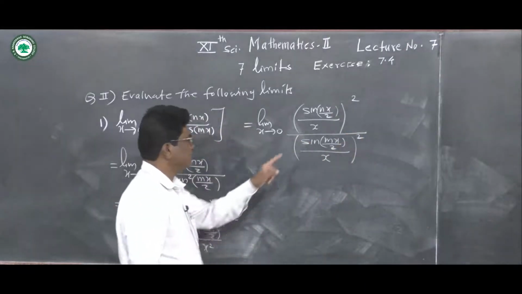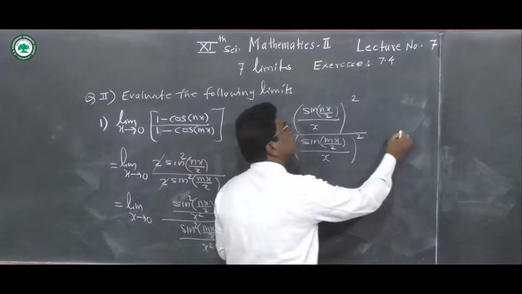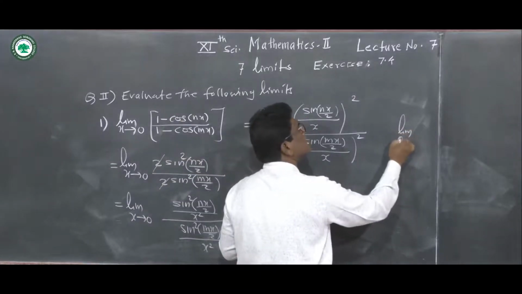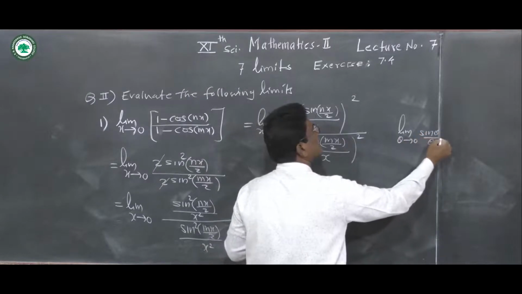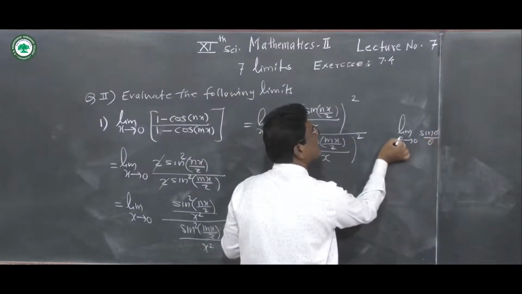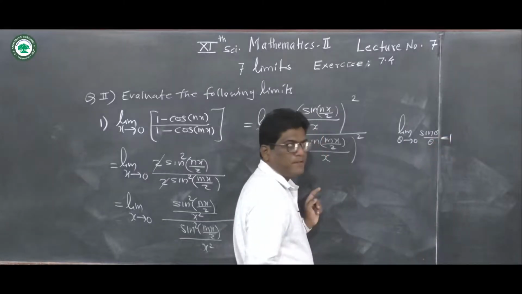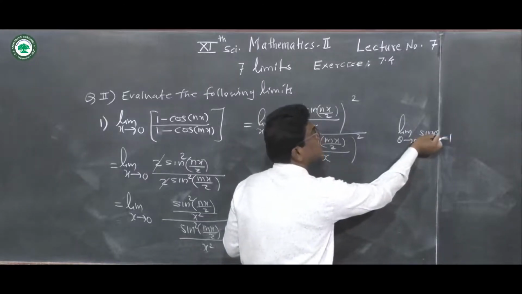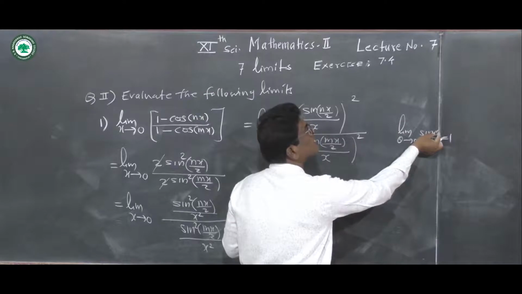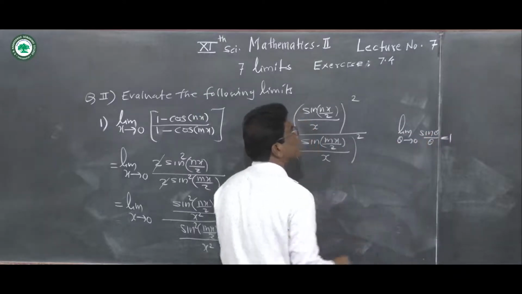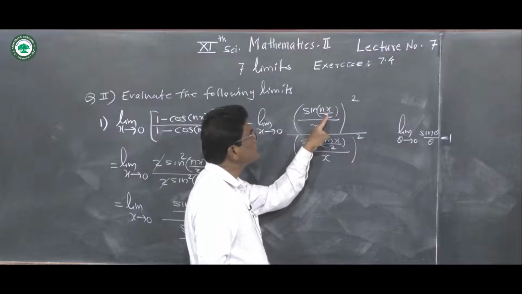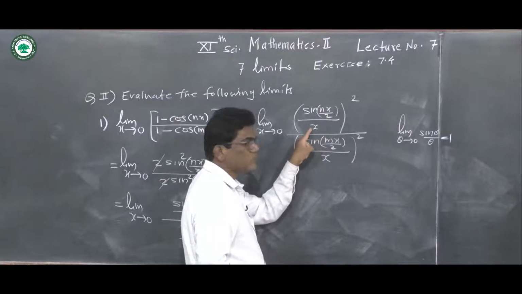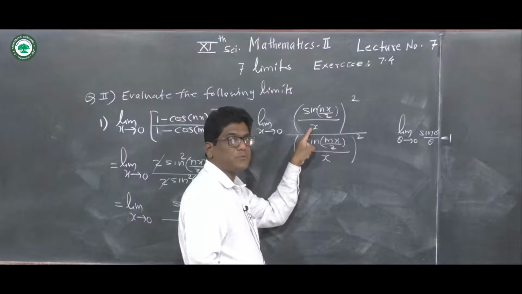But here observe, we have the formula: limit as theta tends to 0 of sin theta divided by theta, value is 1. So the angle of sine is theta and in the denominator should be theta. Here the angle of sine is nx upon 2, so here also must be nx upon 2.